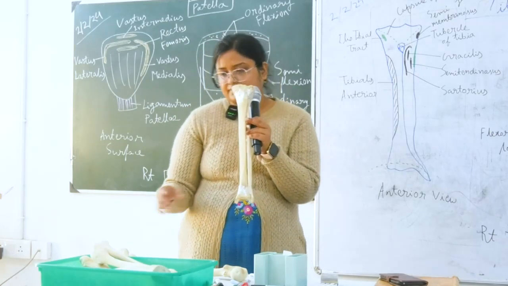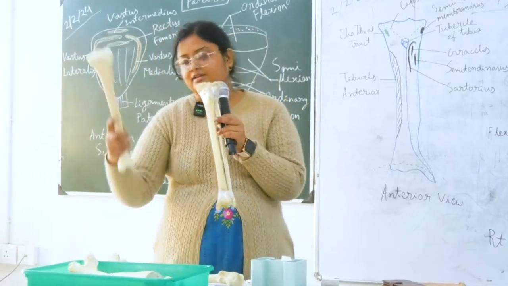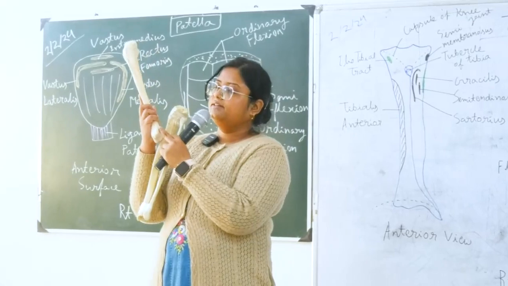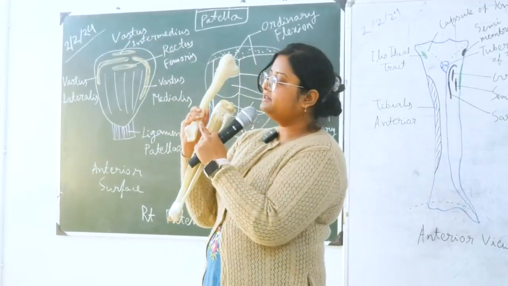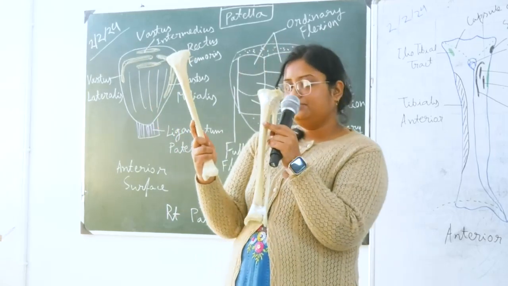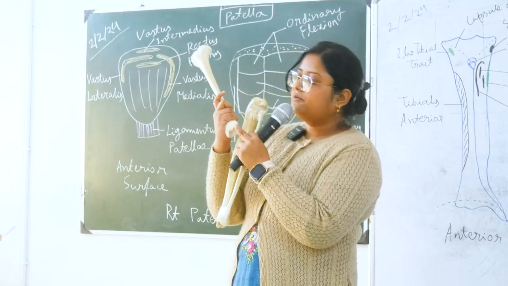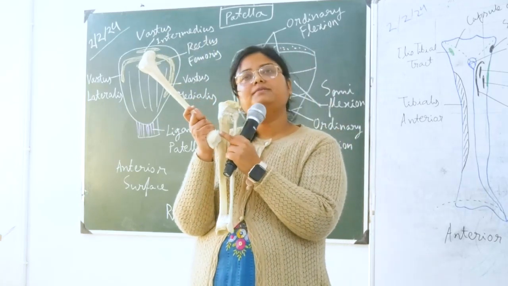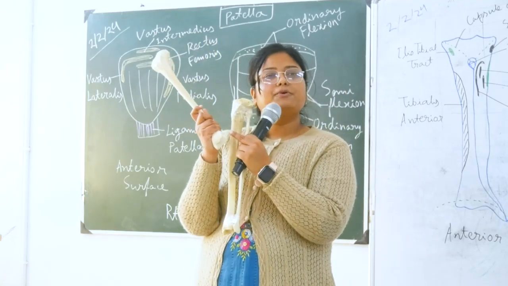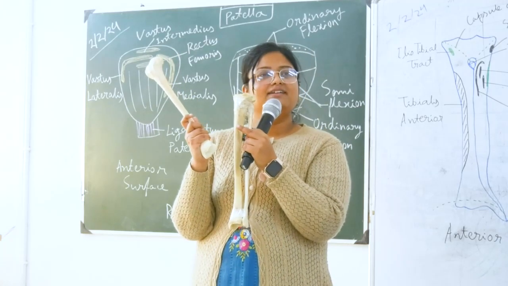And on the lateral side of this lower end, there is a triangular rough area. It articulates with the lower end of the fibula like this, forming the inferior tibiofibular joint, and these two bones are connected by the inferior tibiofibular ligament.